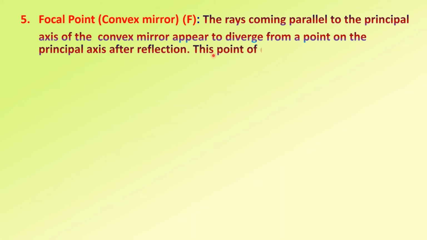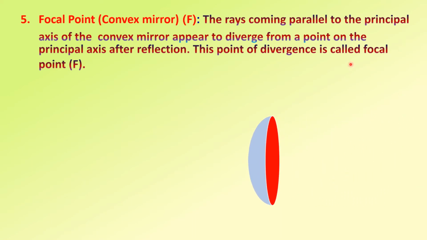This point of divergence is called the focal point for convex mirror. See here, in case of convex mirror, the parallel rays are no longer reflected through a common point. Instead, they diverge as shown.